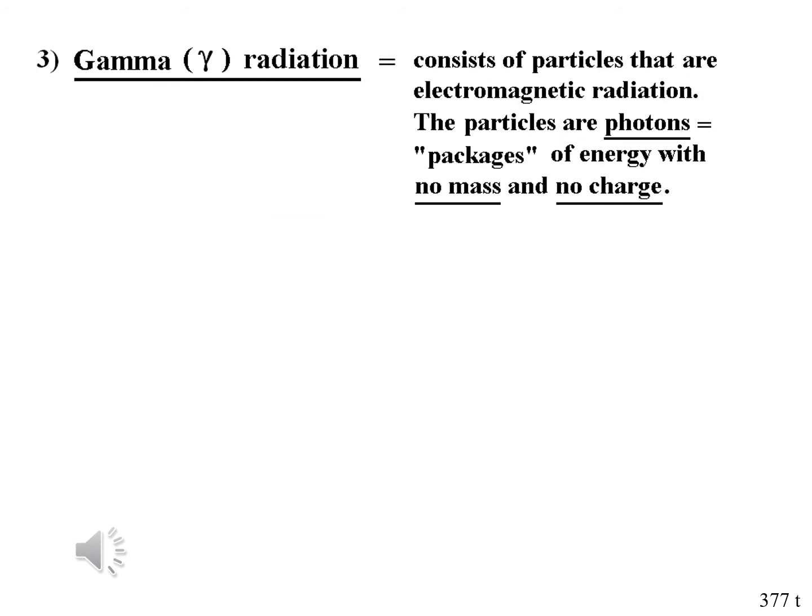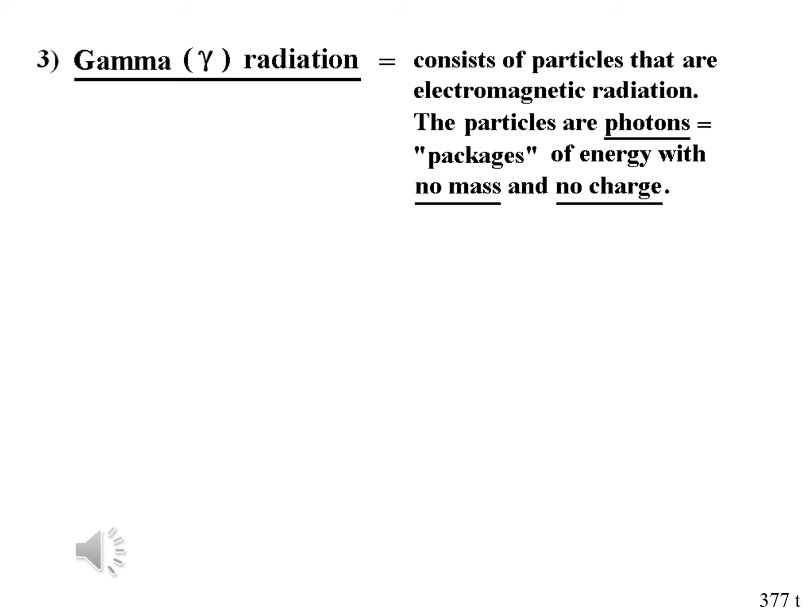Now, gamma radiation is the next one I want to talk about. It's the 3rd letter in the Greek alphabet. It kind of looks like a fish, except the fish is standing on his nose. Anyway, gamma radiation does not have any mass. This is one of the particles without mass.